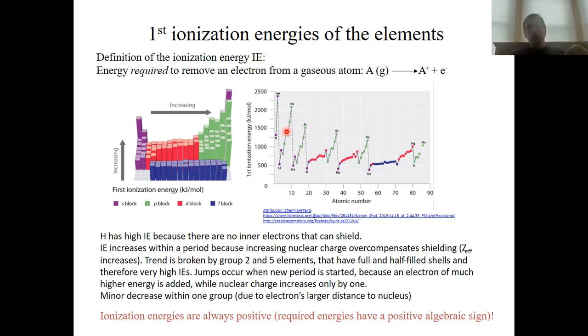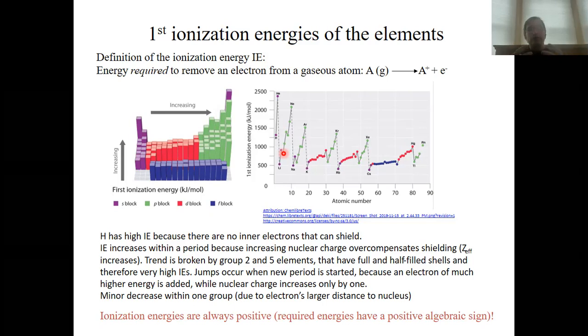Okay, so now why is the trend two times broken, one time for the group 2 and another time for the group 15 elements? And that is because we have either full subshells or half-full subshells respectively. So for the group 2 elements, the s shell is completely full.